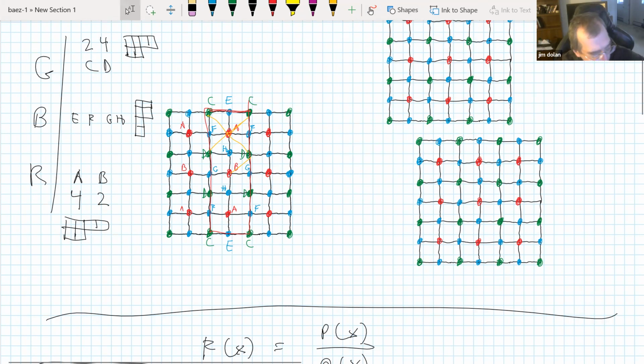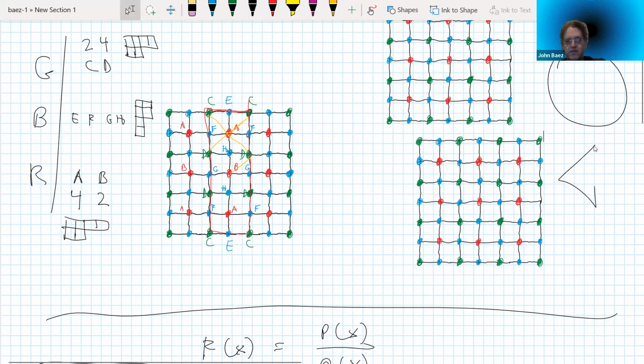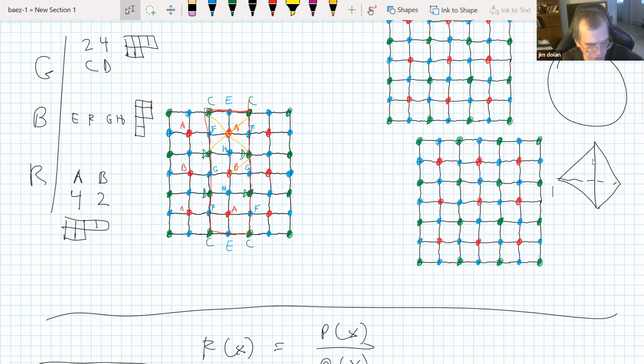So what does the Riemann sphere look like? It looks something like this, maybe. But really, it looks like a tetrahedron or something like that. It's got these acute triangles, and there's the whole thing about how they wrap around.